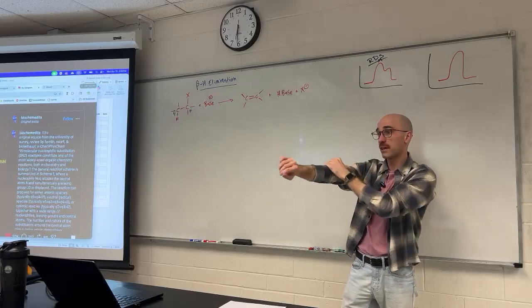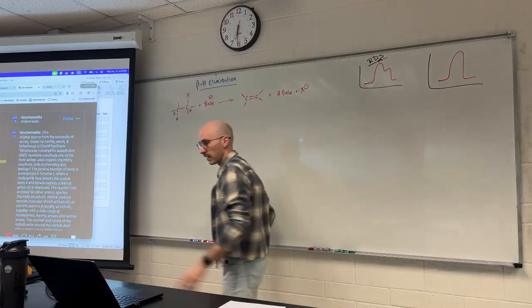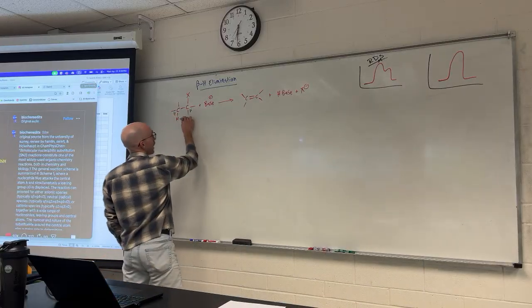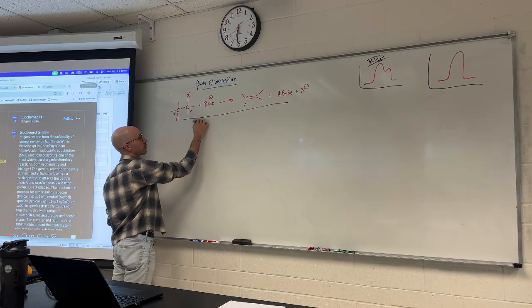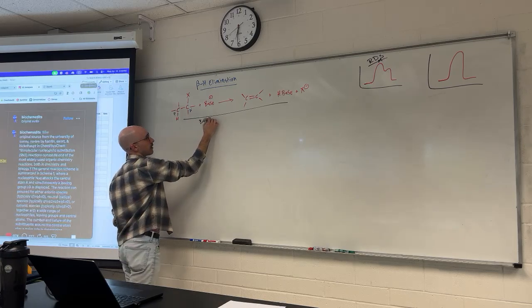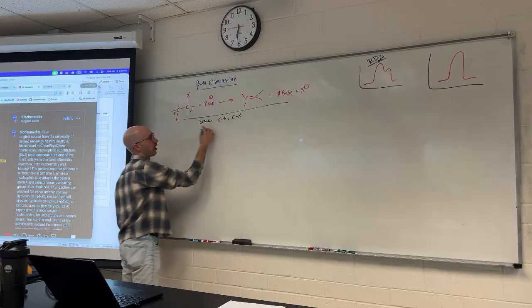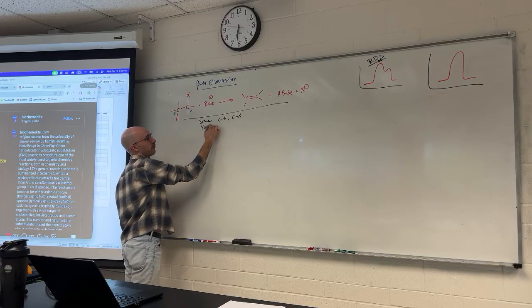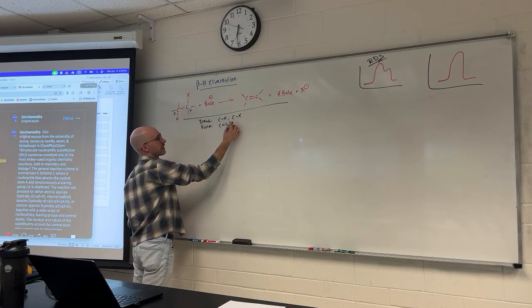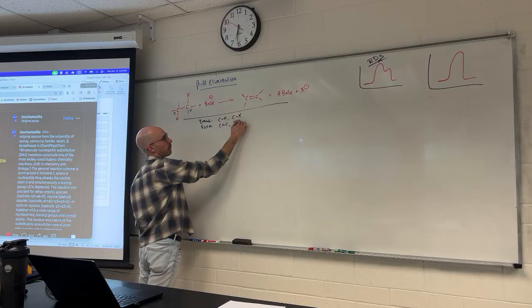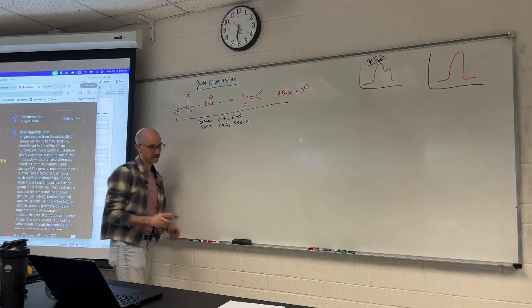How many ways can I do this? Well, let's analyze again what needs to change. I need to break a CH bond and a CX bond. I need to form a CC double bond and a base to hydrogen bond.